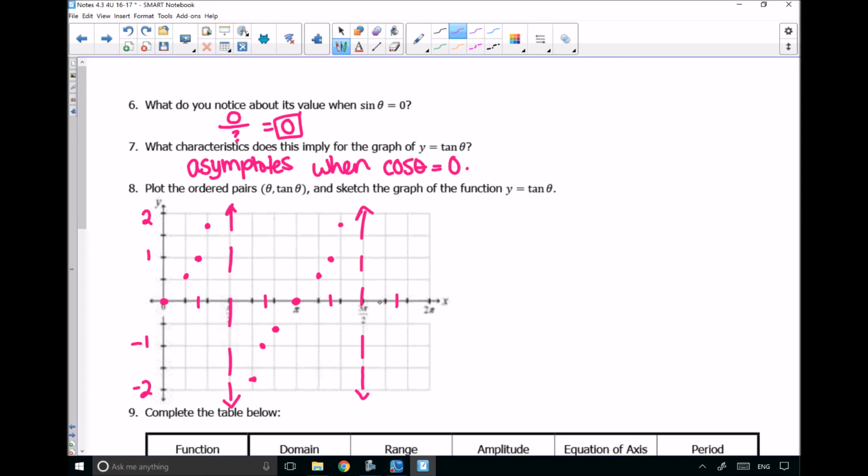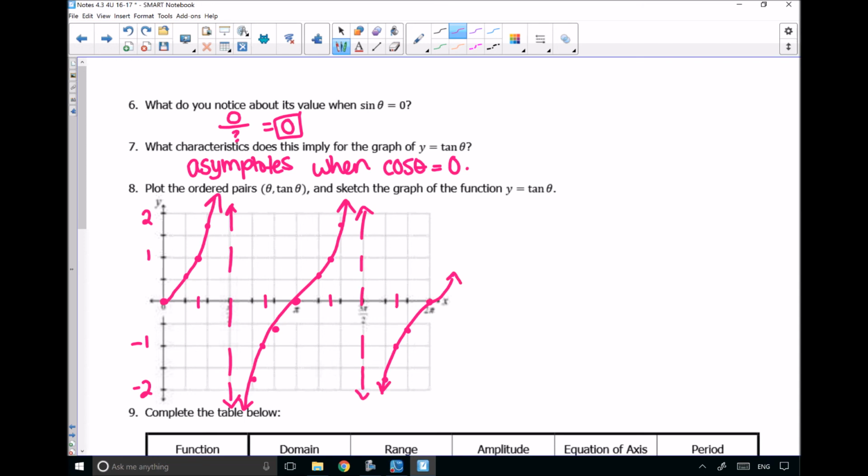At 5 pi over 3, it's negative 1.73. At 7 pi over 4, it's negative 1. At 11 pi over 6, it's negative 0.58. And at 2 pi, it's 0. So this means that our graph is going to end up looking like this, okay? So this is what our graph will look like.